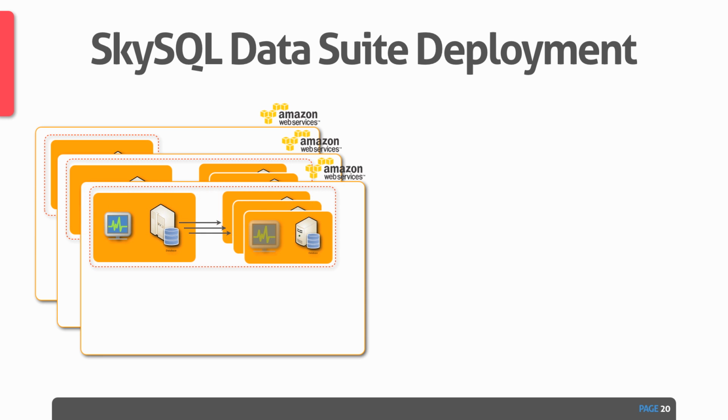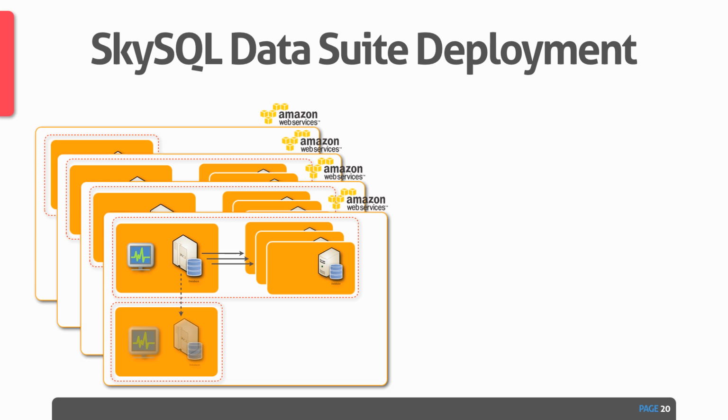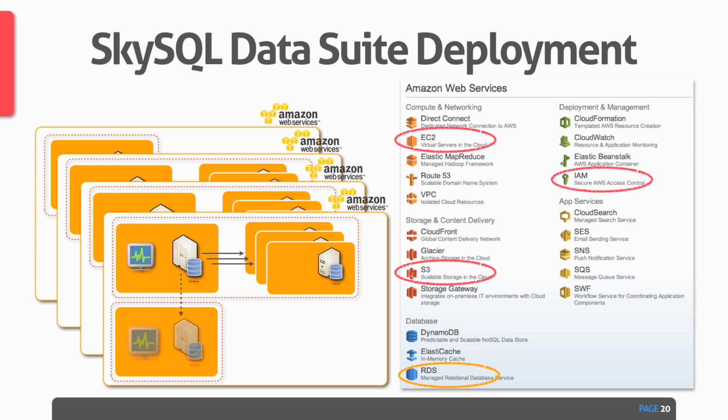Or finally, we can have semi-synchronous replication, and semi-synchronous replication plus inter-regional replication on AWS. This is, of course, the highest level of availability that we can provide through the SkySQL Data Suite.